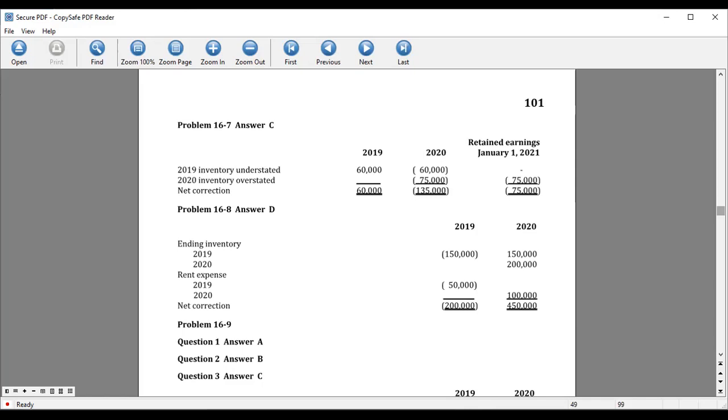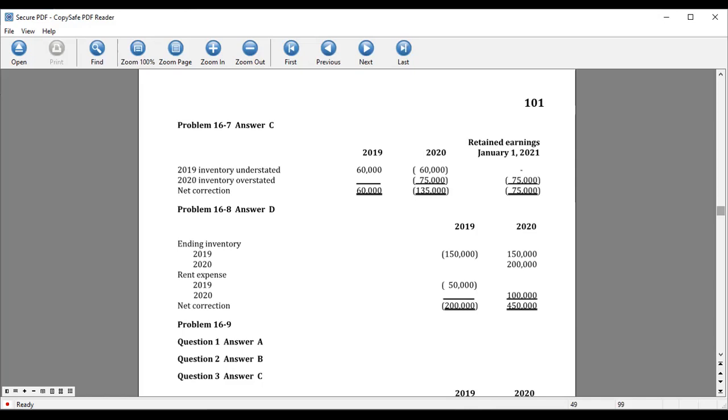So for the 2019 inventory understated, we have to add back retained earnings by 60,000, since the 2019 ending inventory was understated by 60,000. So what happens in 2019?